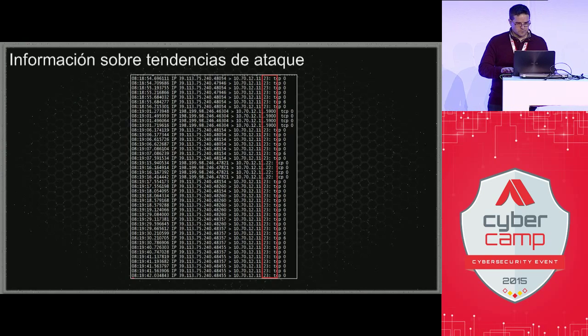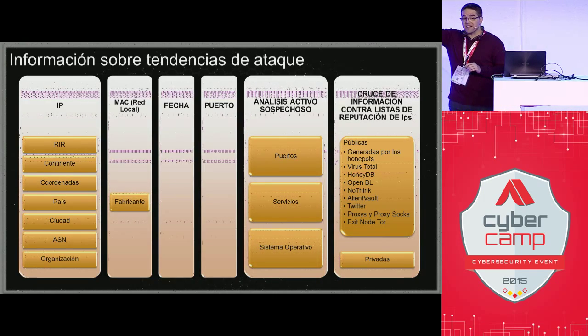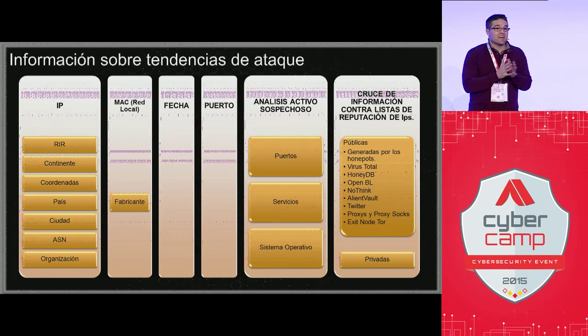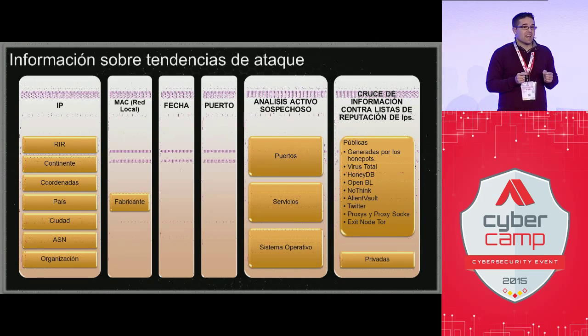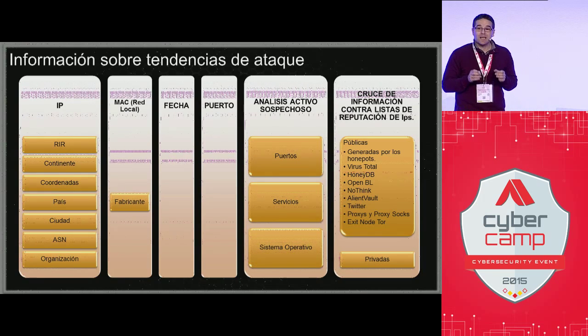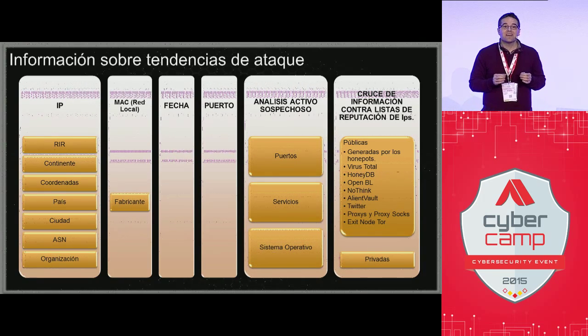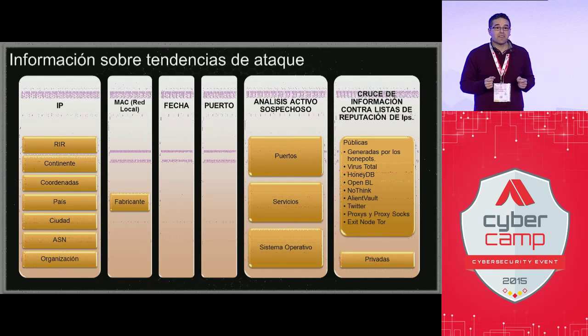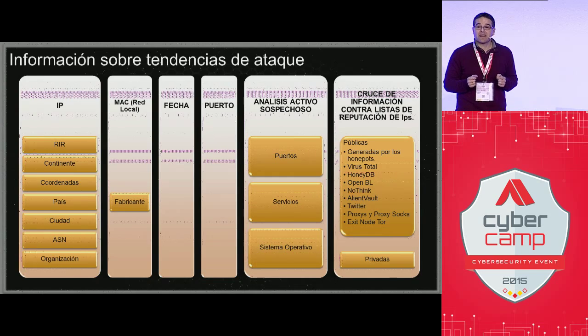So what do we get from here? All that information on the screen. From the IP address, the first thing that we get is the RIR, then the continent, the coordinates, more or less precise depending on the database that we use, the country, the city, the ASN, which could be our provider, and the organization.